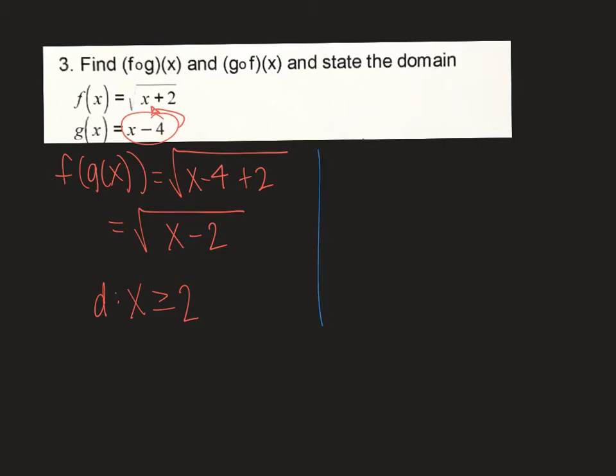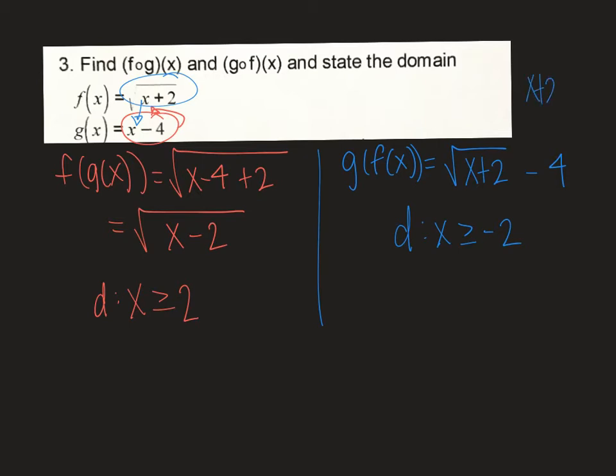And then for g of f of x, we're going to plug in f of x for x in g, which we can't simplify anymore. We still can't have a negative in that square root, so we're going to need the x value to be greater than or equal to negative 2, because that negative 2 is what's going to make that equal to 0.